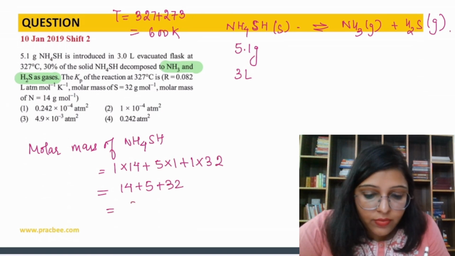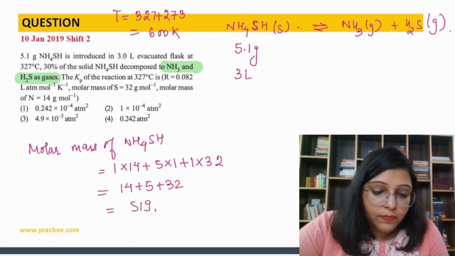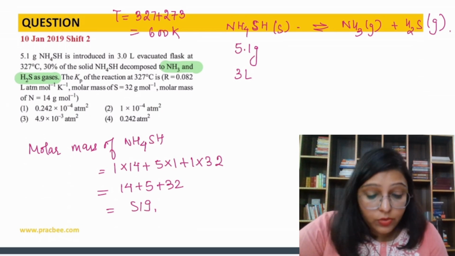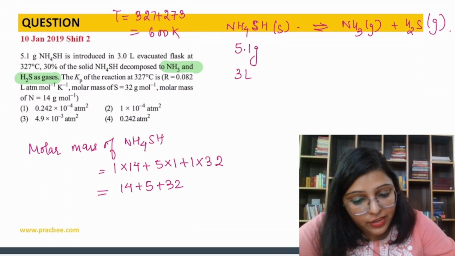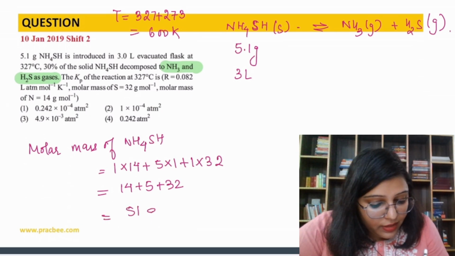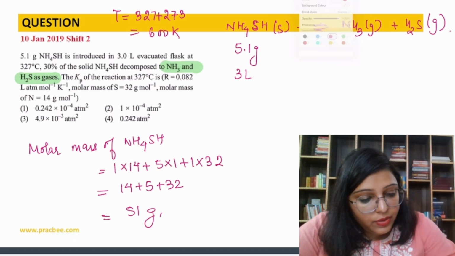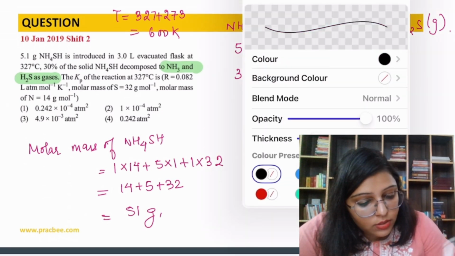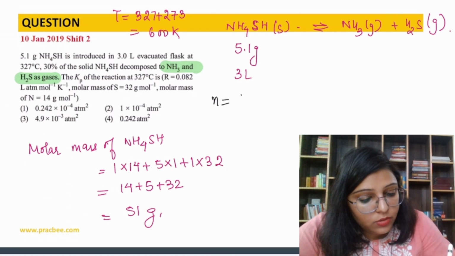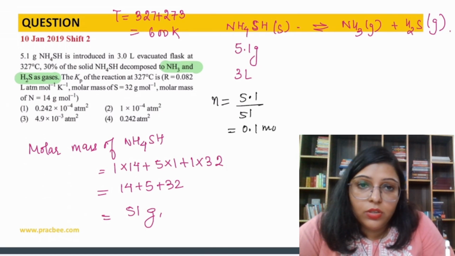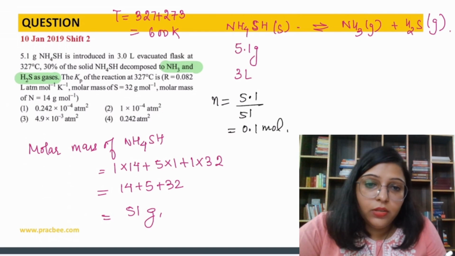Not 519, we get 51 grams. So number of moles is 5.1 divided by 51, which is equal to 0.1 mole.